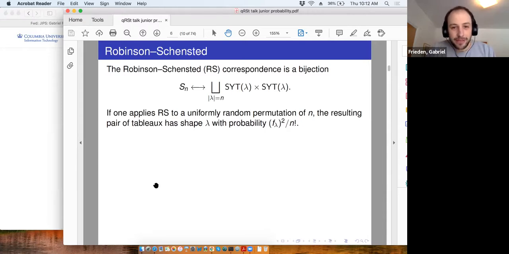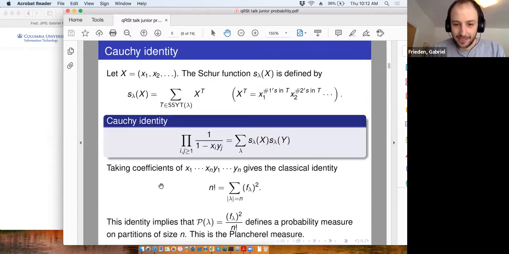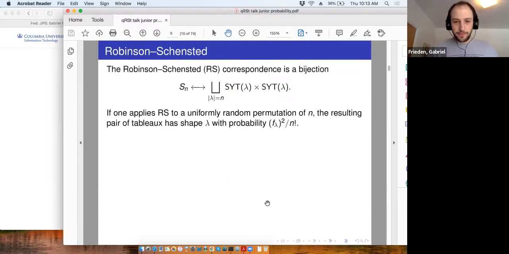The Robinson-Schensted correspondence is a bijection between permutations and pairs of standard Young tableau of the same shape. So if we go back to this identity, Robinson-Schensted gives a combinatorial proof that the number of permutations is equal to the number of pairs of tableau of the same shape.